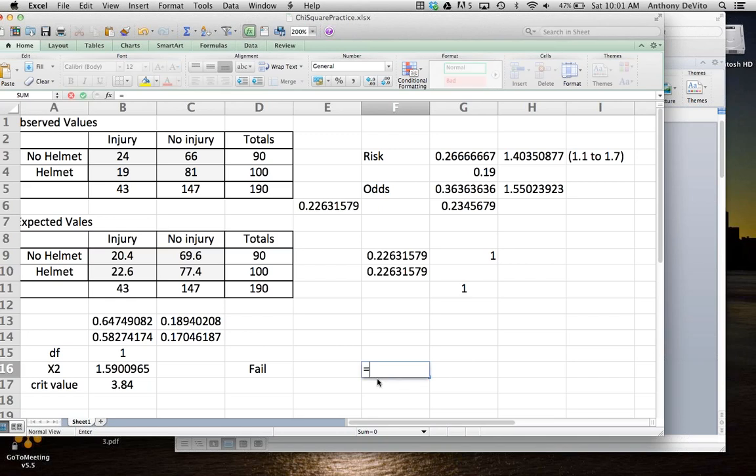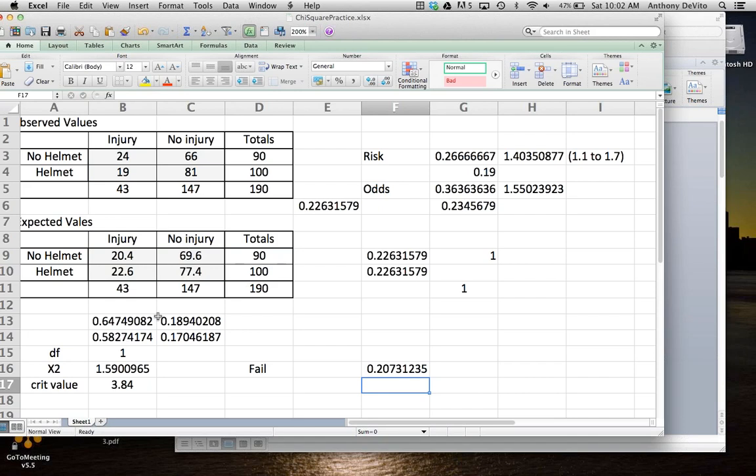Incidentally, there is a chi-test function. Once you've calculated your observed values and your expected values in Excel, you can actually use chi-test, comma. If you notice down here, it says actual range and expected range with a comma between them. Here's our expected range.